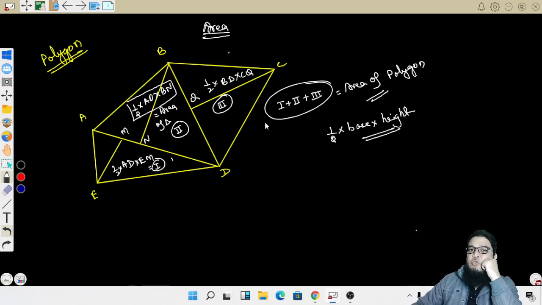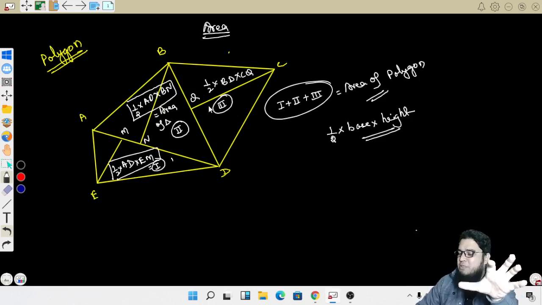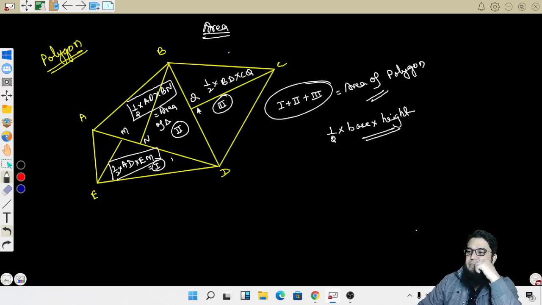I'm just telling you how the polygon area is calculated, so that's why I'm writing half into base into height, half into base into height. That we will see when we see questions now.